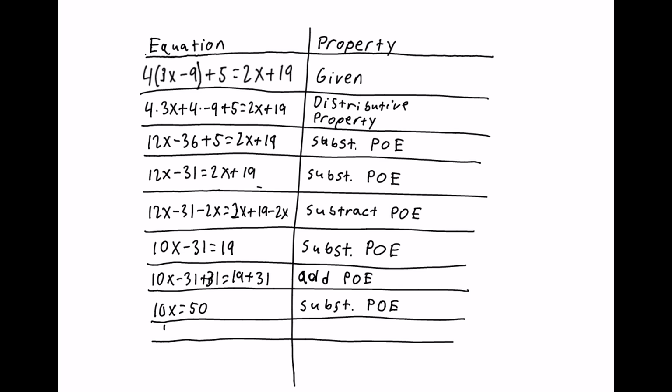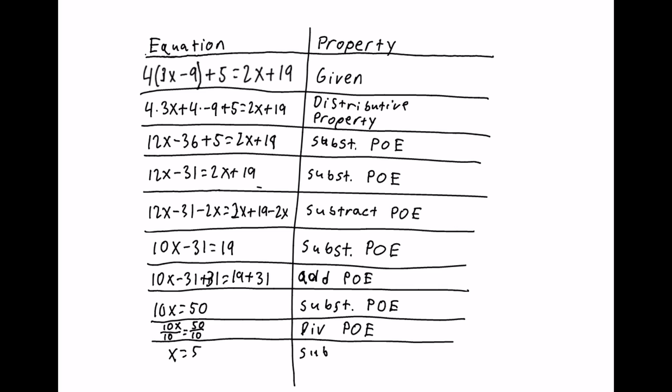So we take 10x and we want to get rid of that 10, so we divide both sides by 10. So division property of equality, and that will give us x equals 50 divided by 10 is 5.